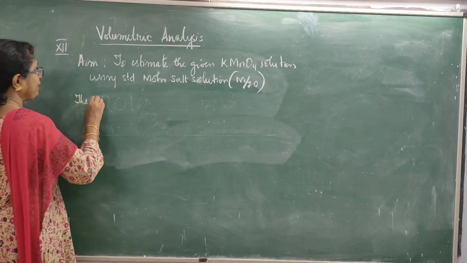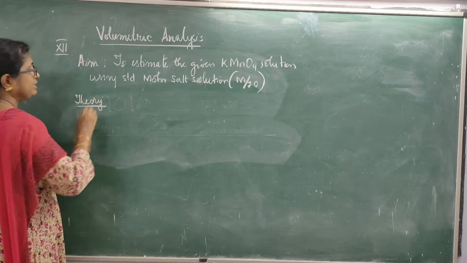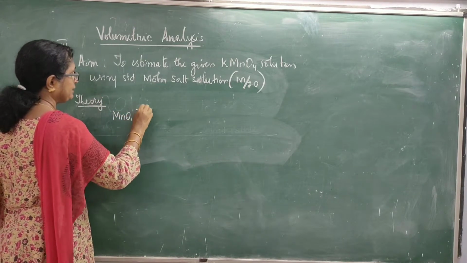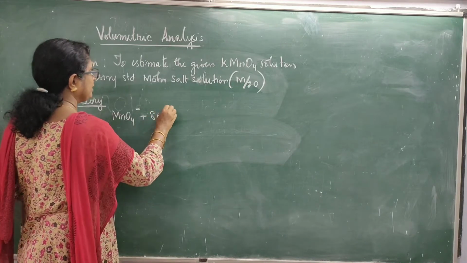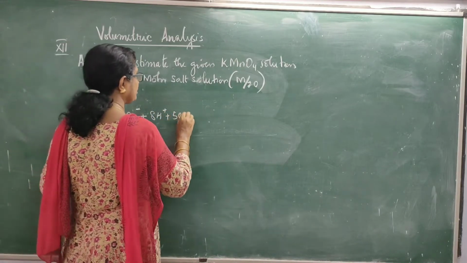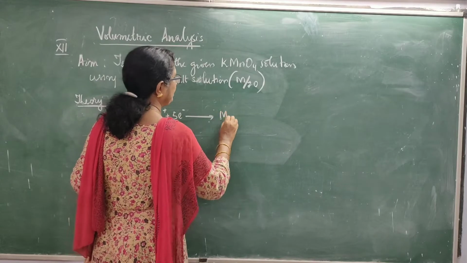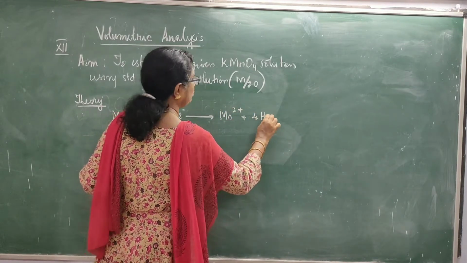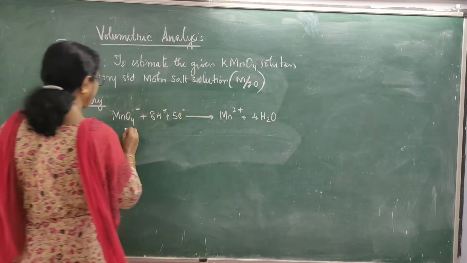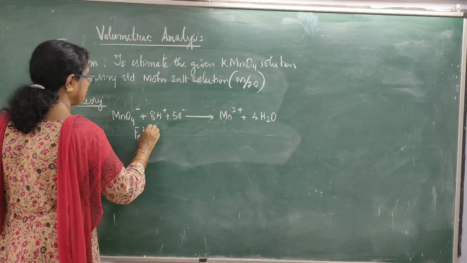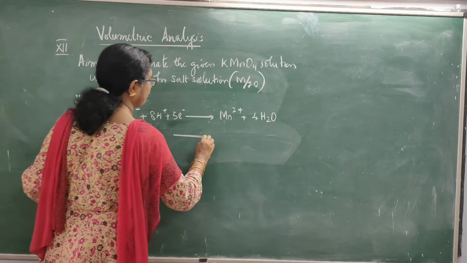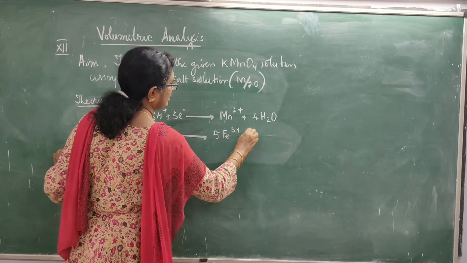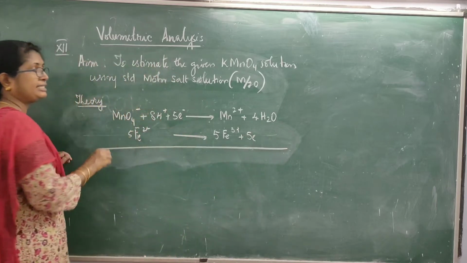The theory is what we have written now: MnO4⁻ + 8H⁺ + 5e⁻ gives Mn²⁺ + 4H2O, that is the reduction half reaction. Then 5Fe²⁺ gives 5Fe³⁺ + 5e⁻.